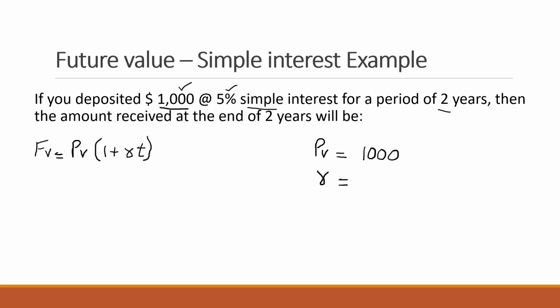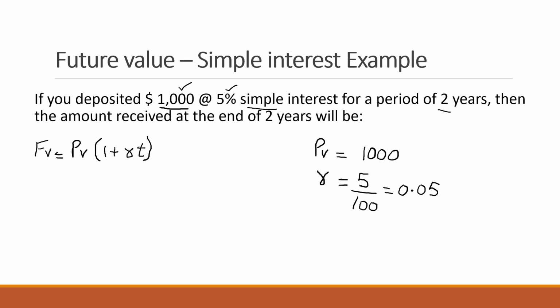Always remember, 5% means 5 per 100. So we write 5 divided by 100, which comes to 0.05. You can calculate it on your calculator: 5 divided by 100 comes to 0.05.